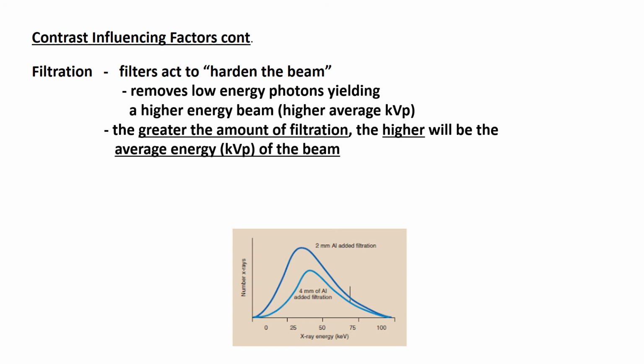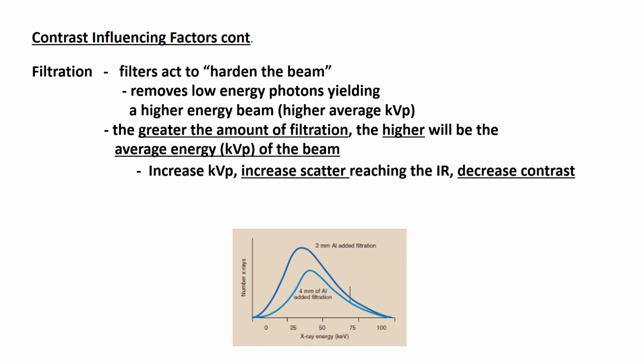Now, if I add 2 more millimeters to give me 4 millimeters, added filtration. What happened? The quantity of the photons, the number of the photons went down. Remember, that's your y-axis. But remember, look at the top of your continuous spectrum. It did what? It shifted over to the right. What does that mean? I got a more energetic beam. I've got higher kVp photons now.